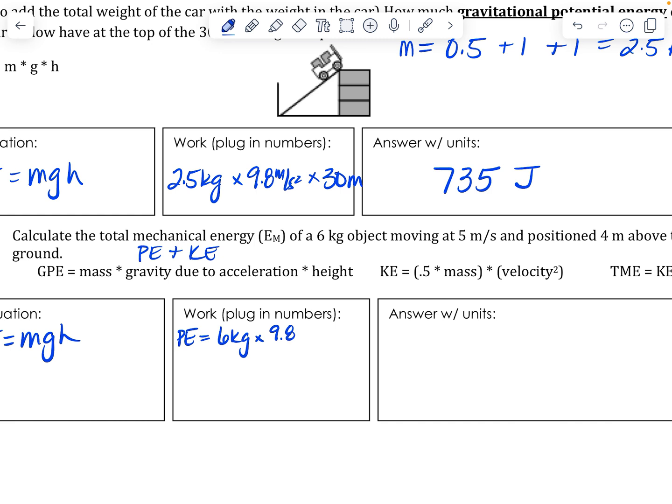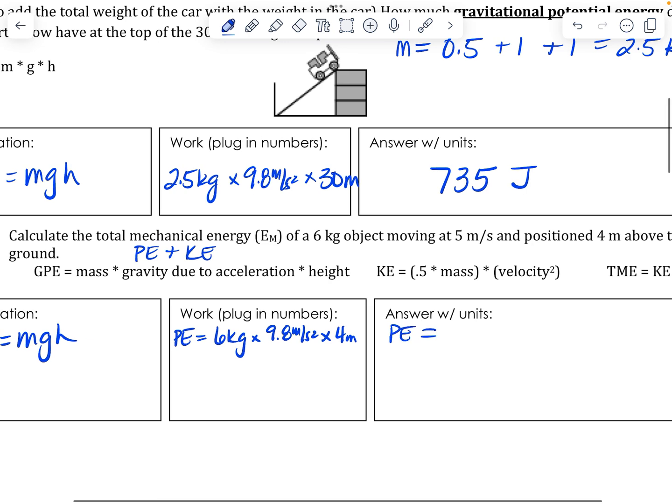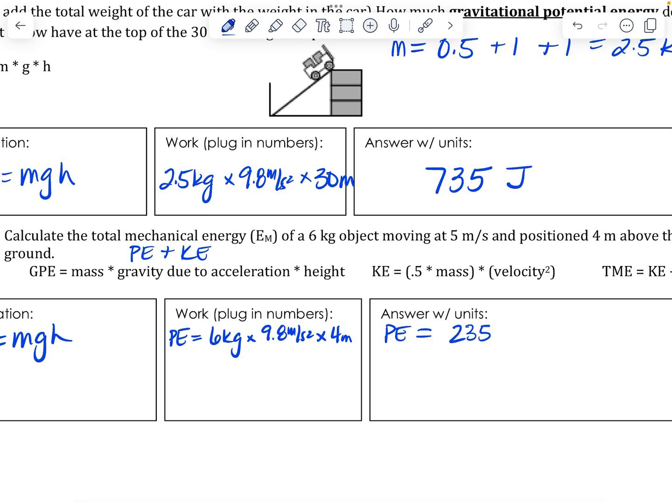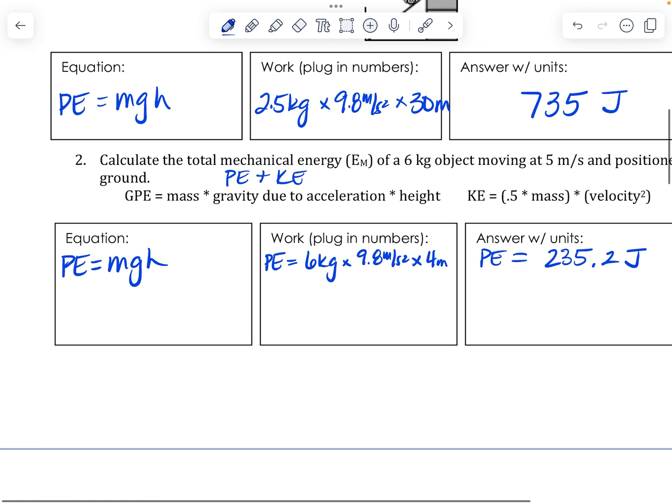Gravity is 9.8. And our height is, what did it say? 4 meters. So you multiply all those together, and our potential energy equals 235.2 joules.